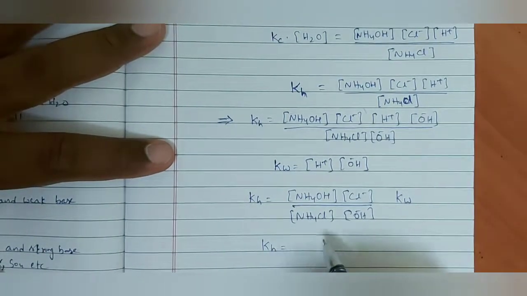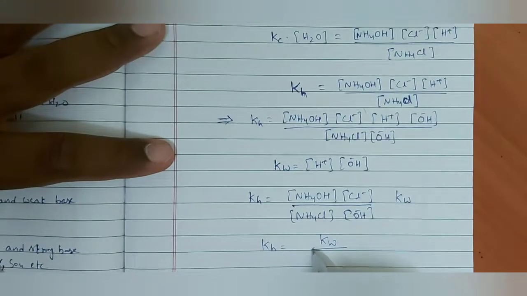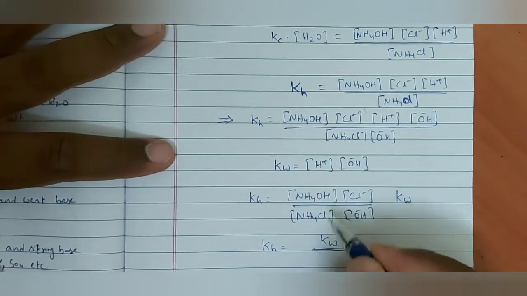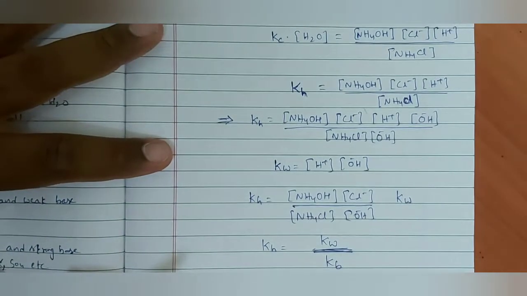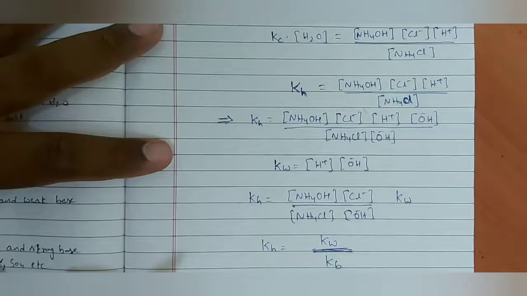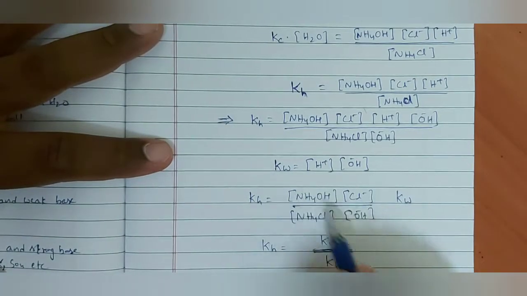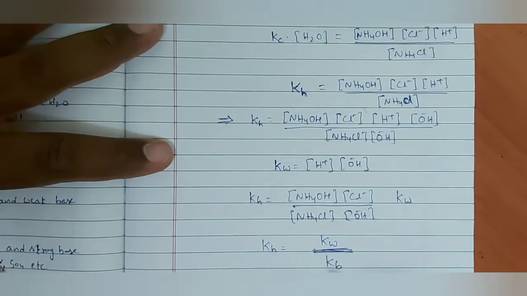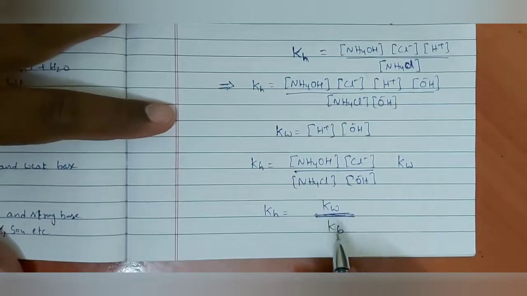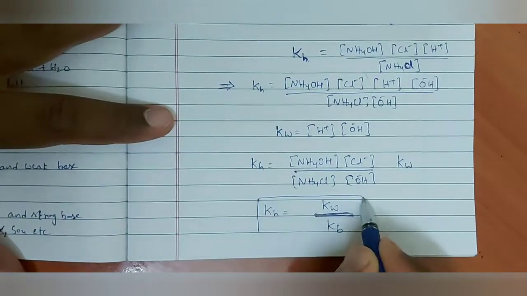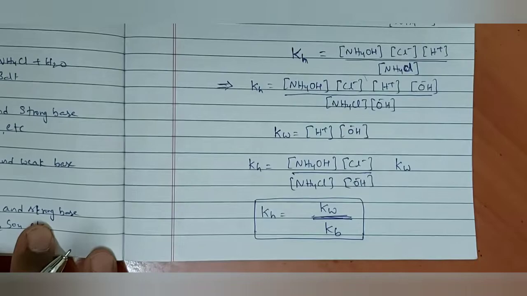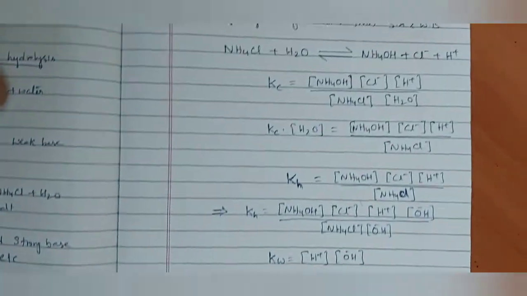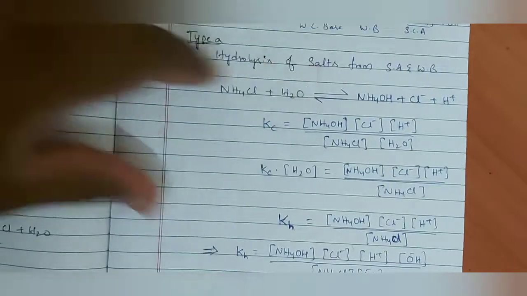Then Kh is equal to Kw, and if you bring this down into the denominator, you will get Kb. So finally we can write the formula Kh is equal to Kw divided by Kb. This is for salts which are obtained from strong acid and weak base.